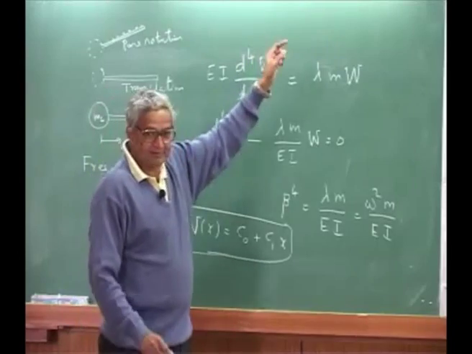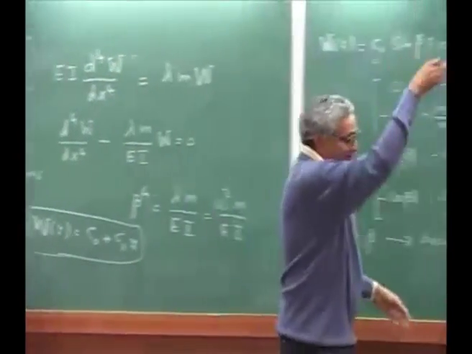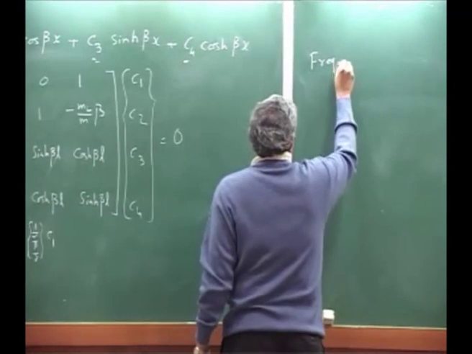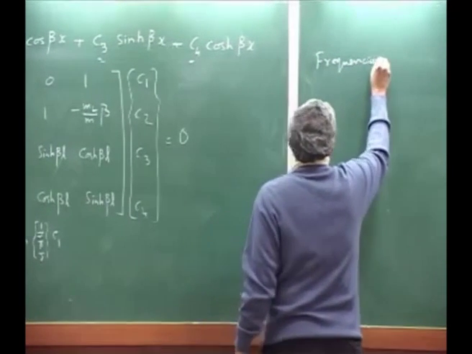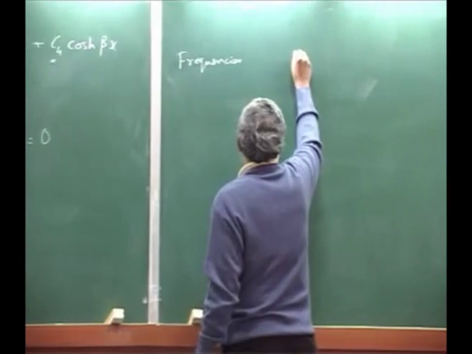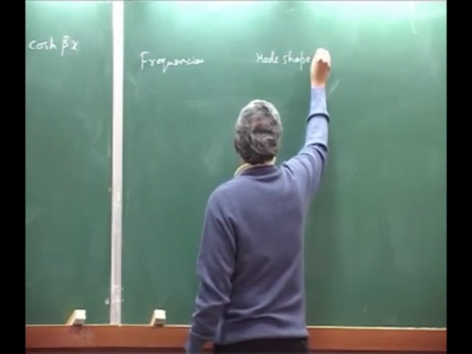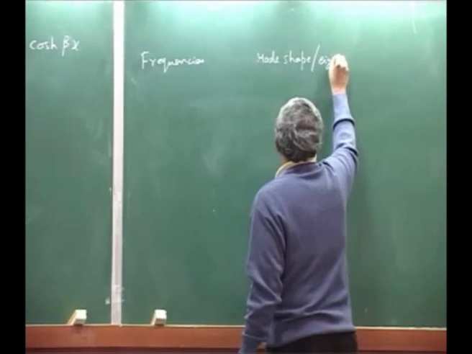So I have essentially a frequency, and I can plot frequencies and mode shapes, which I can call eigenfunctions.